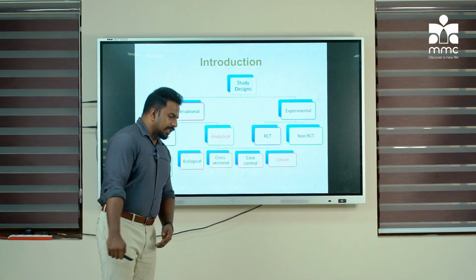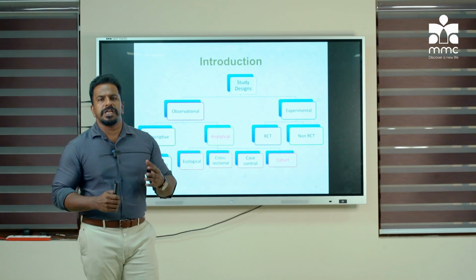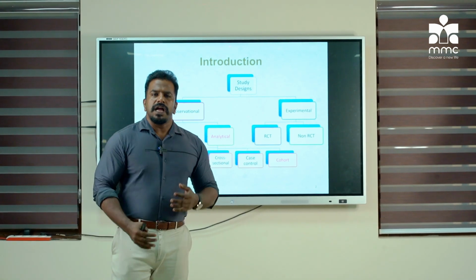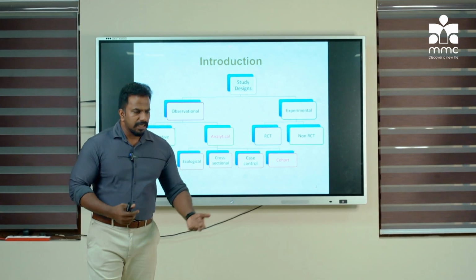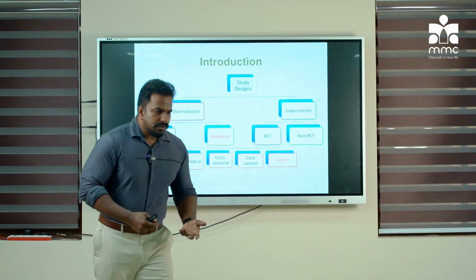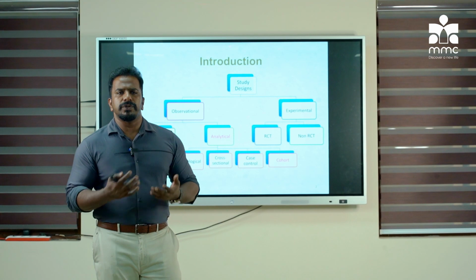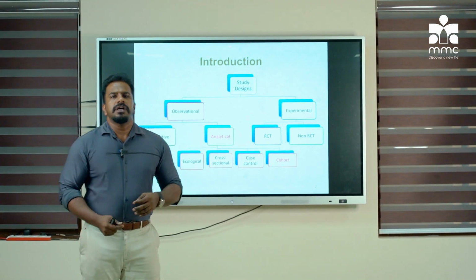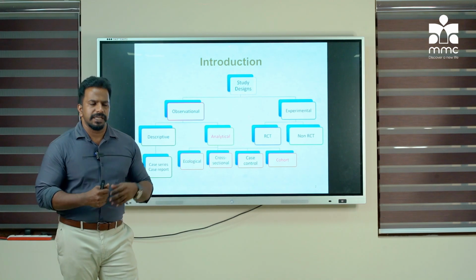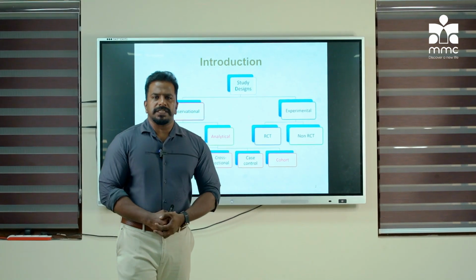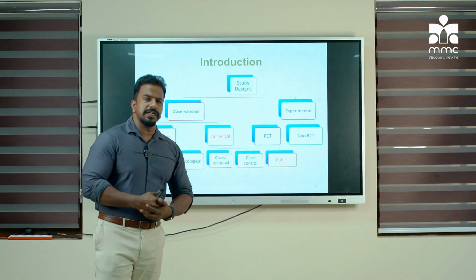First is ecological. If you are studying the population of a country as a whole and comparing it with another country, like comparing the prevalence of influenza H1N1 in the Indian population with China or Japan, then we go for an ecological study design.